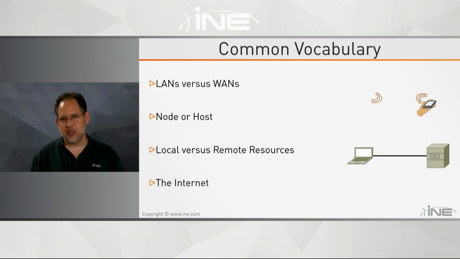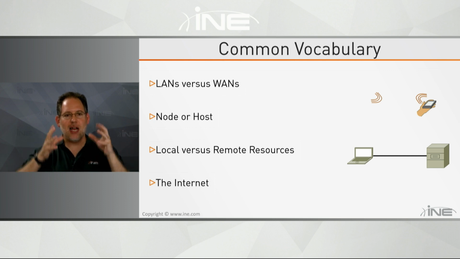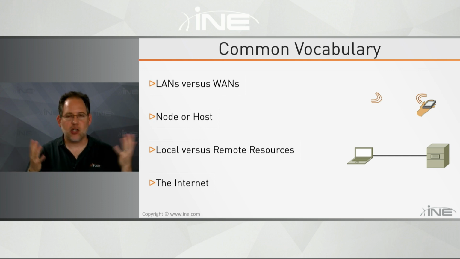And then, of course, the internet. What is the internet? The internet really is just a collection of networks that can all reach each other. They're all interconnected. For example, let's say you have a small company, maybe 20 employees, in a small building somewhere, and you've got a network in that building.